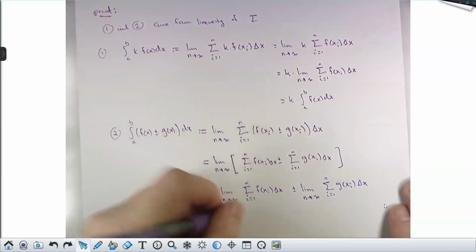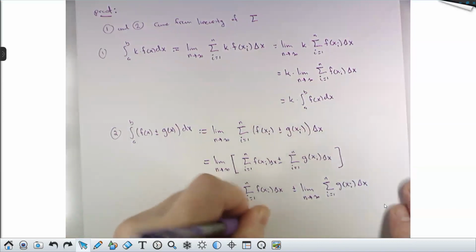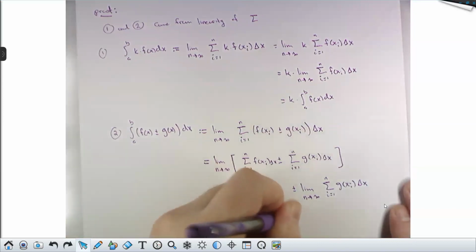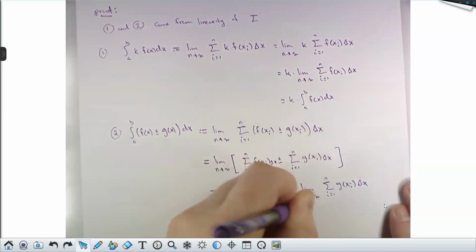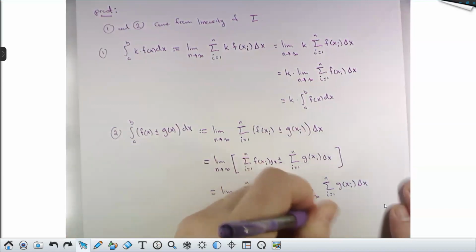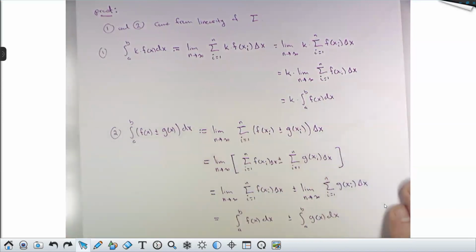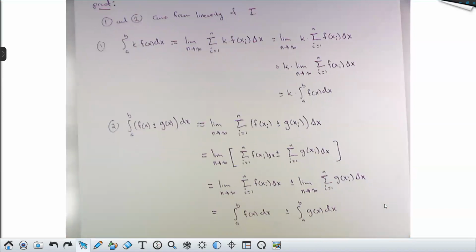This is integral a to b f of x dx plus or minus integral a to b g of x dx. I would argue that these two are fairly obvious, that constants can pop out of integrals and that integrals can be split up over addition or subtraction really does follow from the properties of capital sigma.